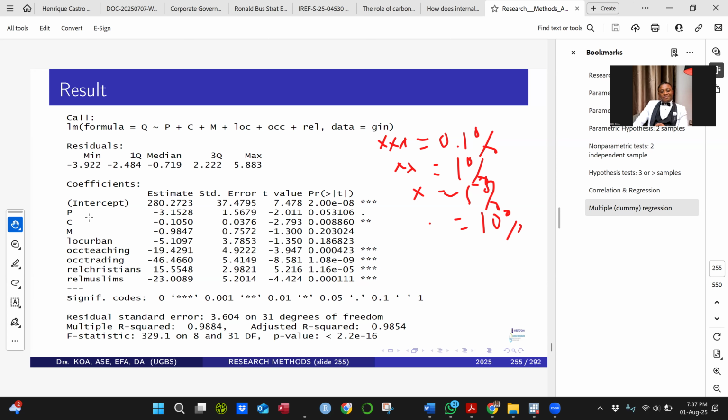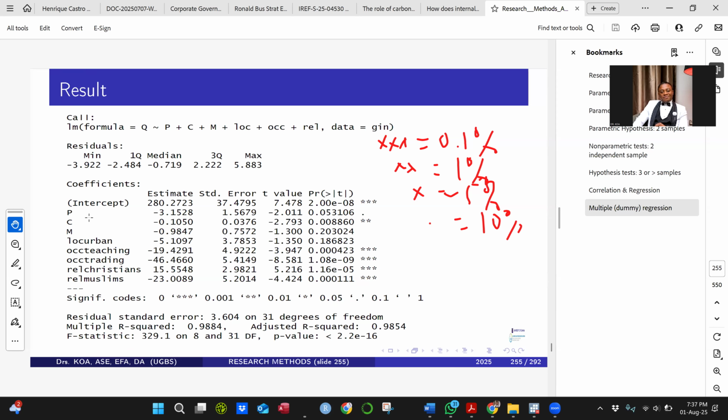For example, look at price. Price is actually 0.053, so the percentage is 5.3%. 5.3% is above 5%, but it's below 10%. Therefore, it's significant at 10%. Look at the complement price. The complement price is actually 0.008.